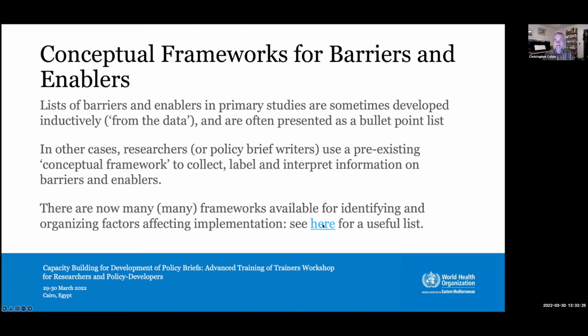And now we have many frameworks for thinking about implementation. I'm going to show you, there's a link in that slide, what the link takes you to.